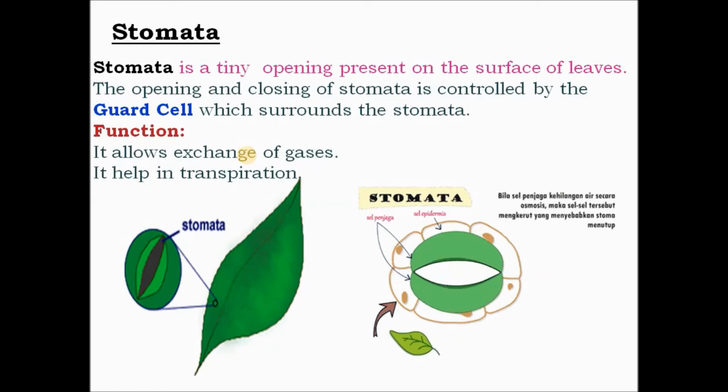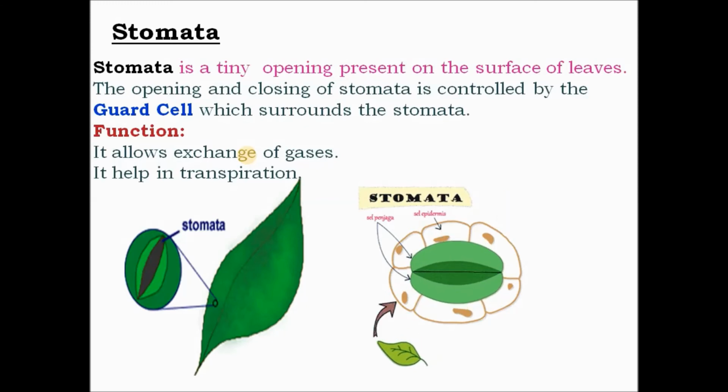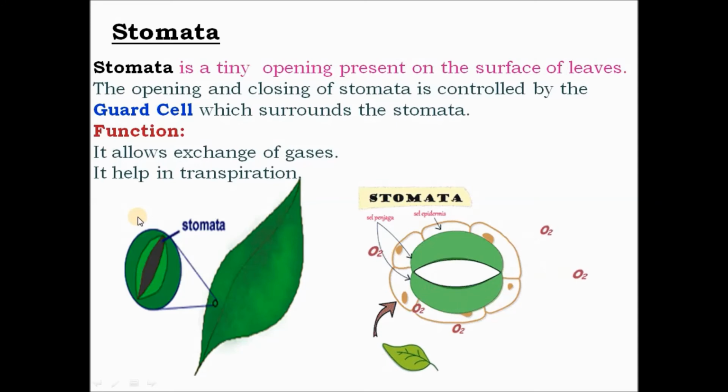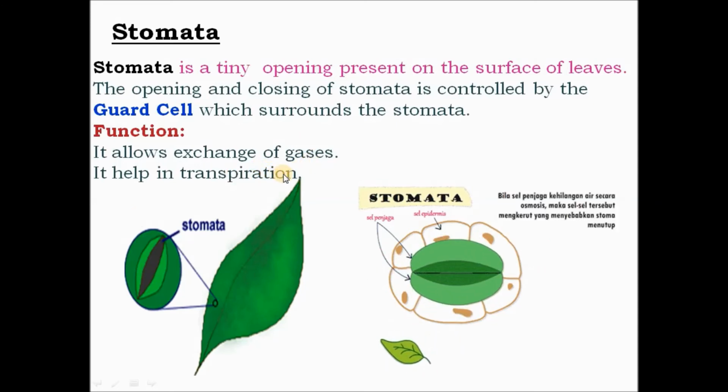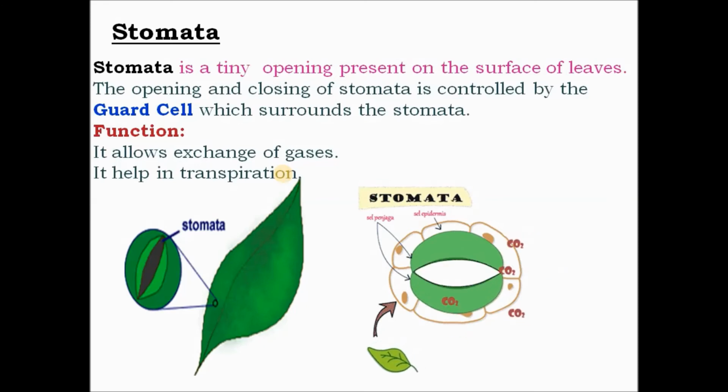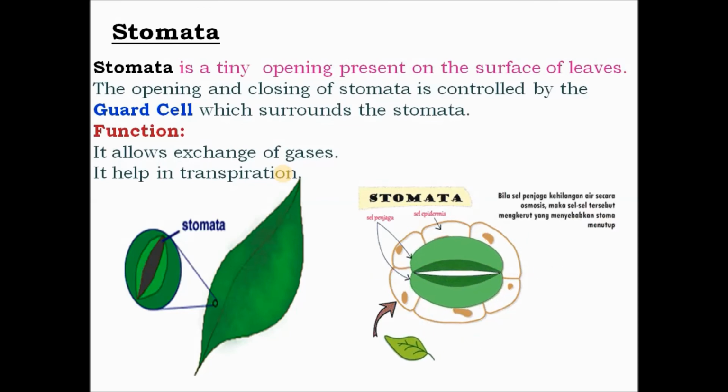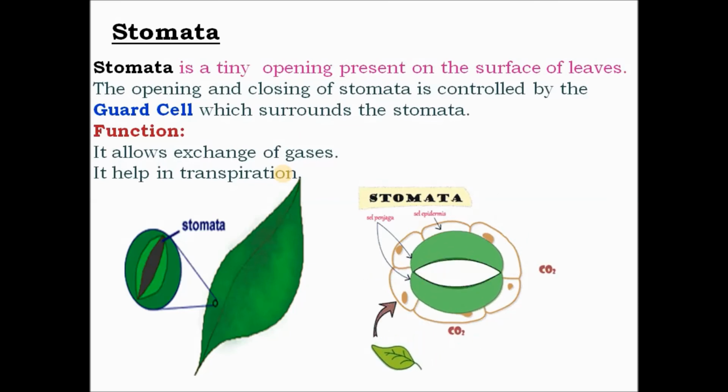Also, they are going to release oxygen out of the plant body through the same opening. Then it also helps in transpiration. We know that transpiration means water is released out of the body of the plant through this opening called stomata in the form of water vapor. So the stomata also help in the transpiration process.